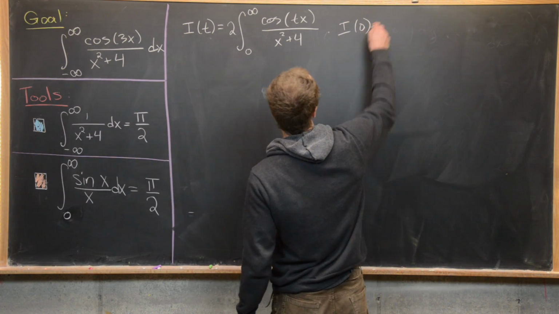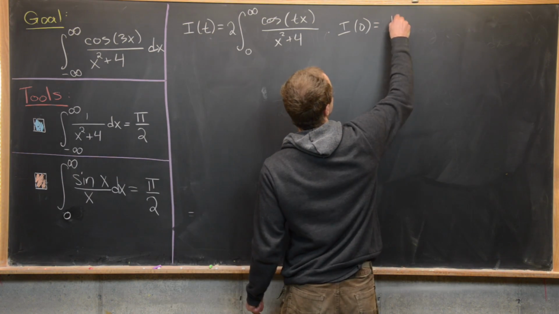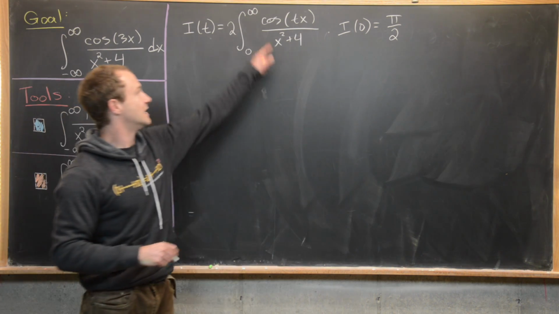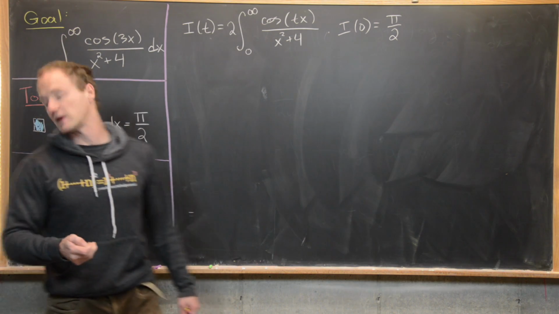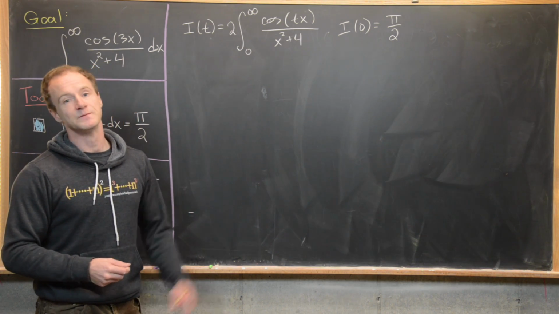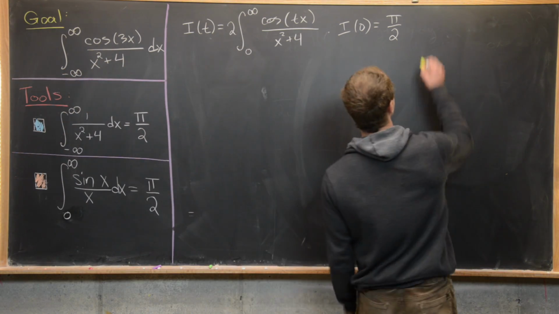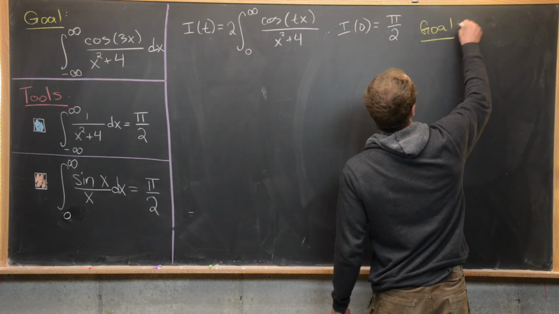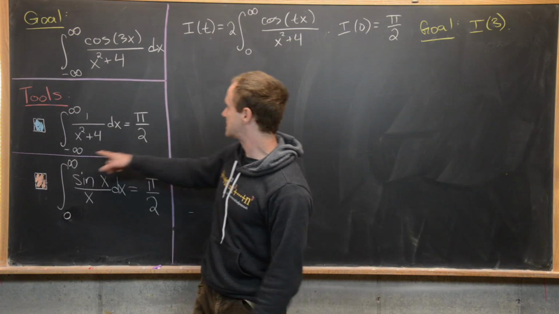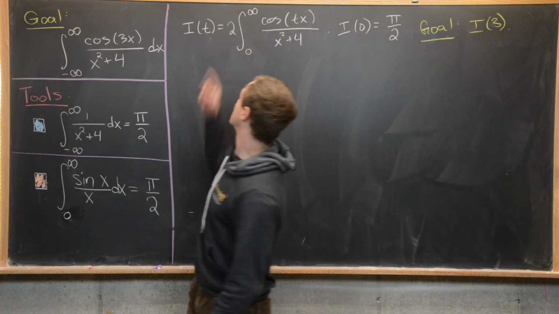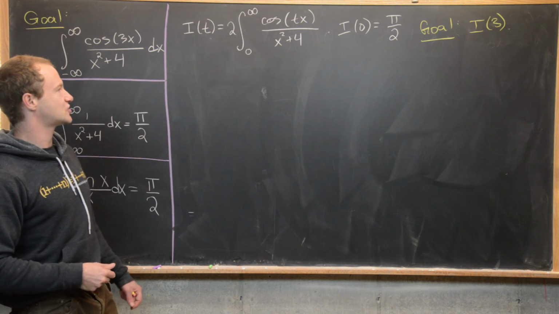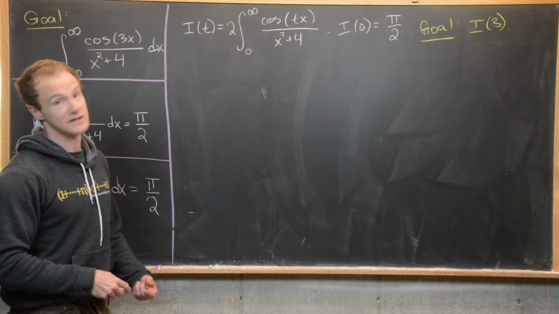Notice that I of 0 is equal to pi over 2, because I'll get twice the integral from 0 to infinity of cosine of 0, which is 1, over x squared plus 4, but that's going to be exactly this thing after we account for the evenness of the function. So we know I of 0, and also notice that our goal is I evaluated at 3. And again, we can replace this doubly infinite integral with a singly infinite integral by using the evenness of the function. Cosine is an even function, and 1 over x squared plus 4 is also an even function, so that's good.